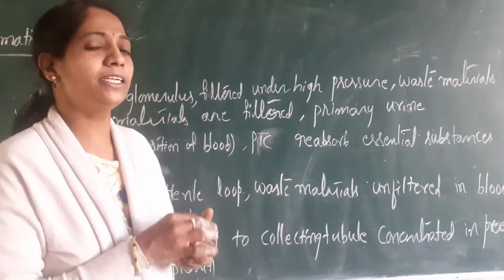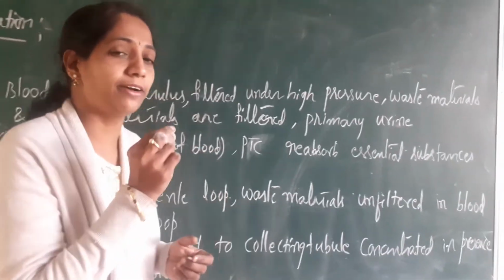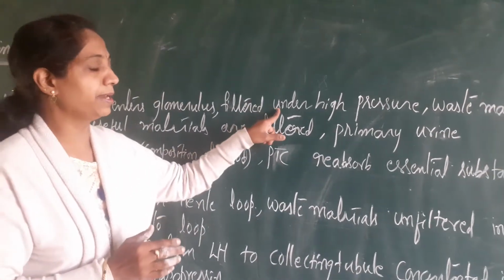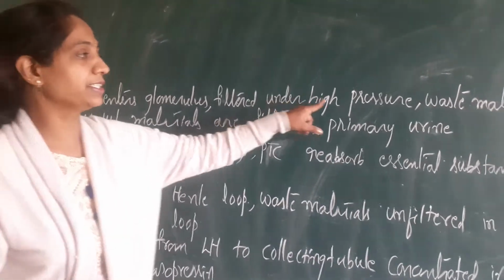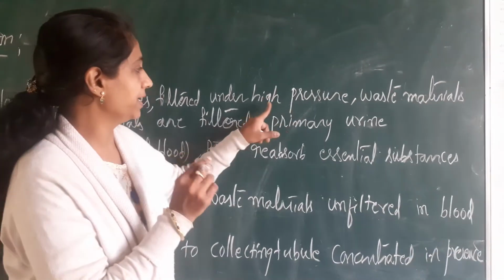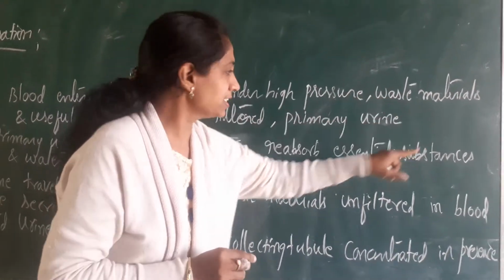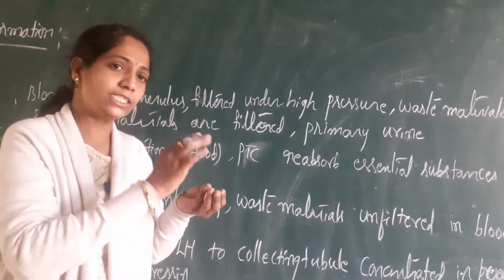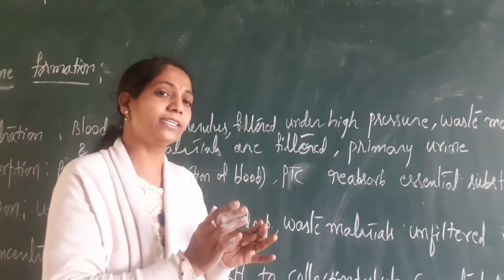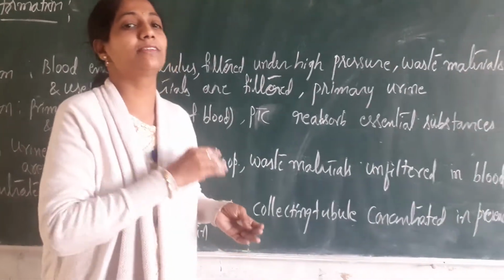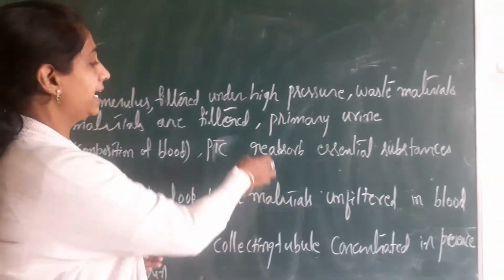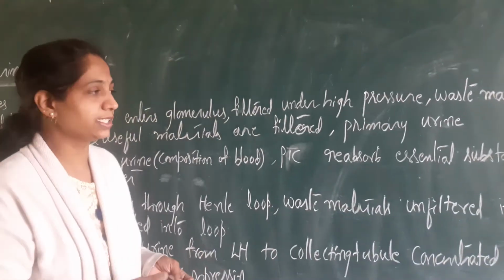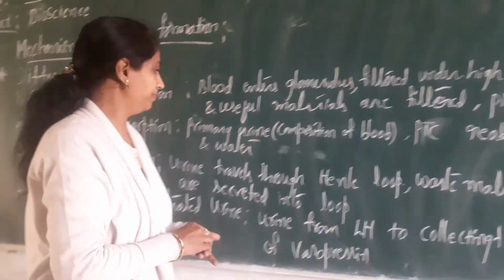Network capillaries are very fine structures, so they have small openings, and once the blood enters the capillaries it has greater pressure inside because of the smaller openings. Under high pressure, the waste substances and useful materials are filtered out. These capillaries help in the separation of waste materials and useful materials, and after separation you call it primary urine.